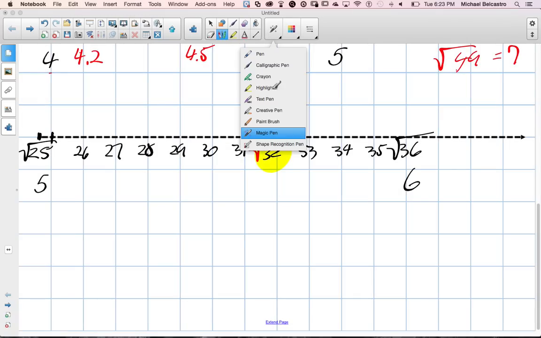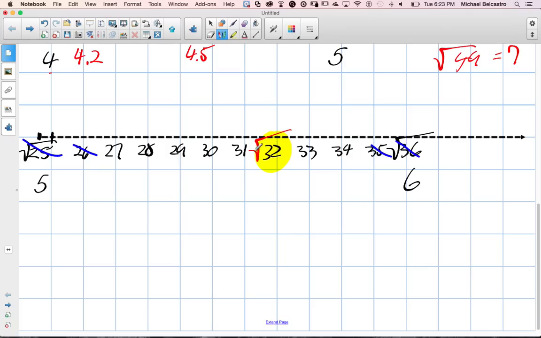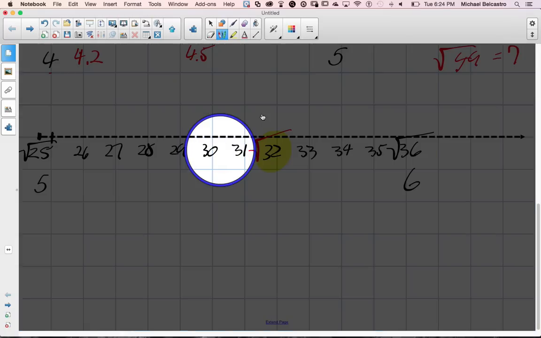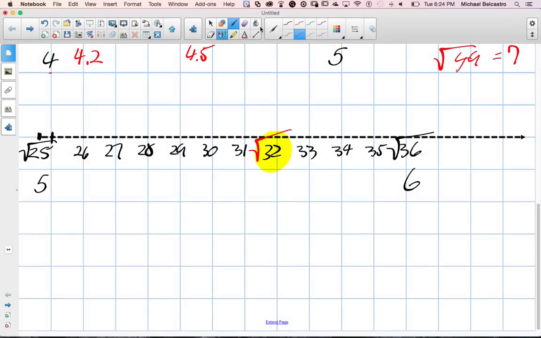And we can, if we really wanted to check, you know, we could kind of eliminate one at a time. Boom. Yeah, so it's going to fall between 30 and 31, okay? So between 30 and 31, what that means is between 5 and 6 is probably about 5.5, okay? So we know that it probably falls somewhere in there.